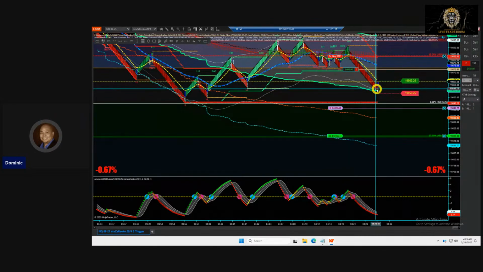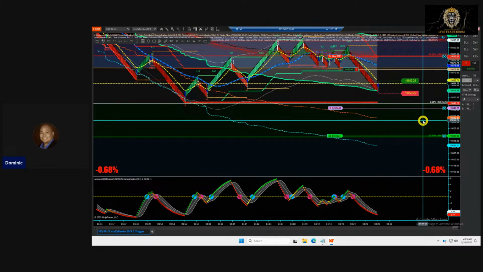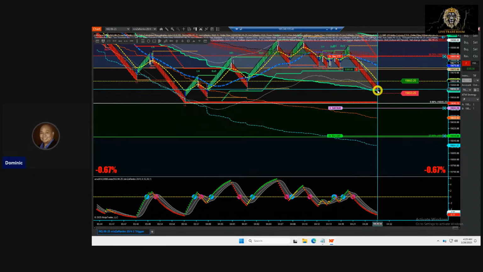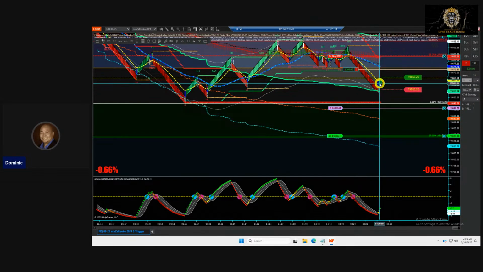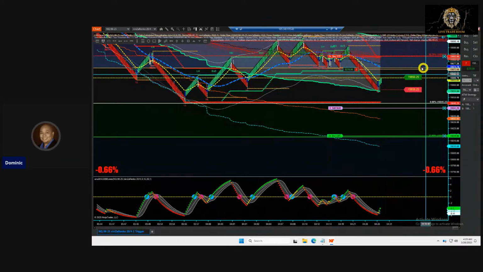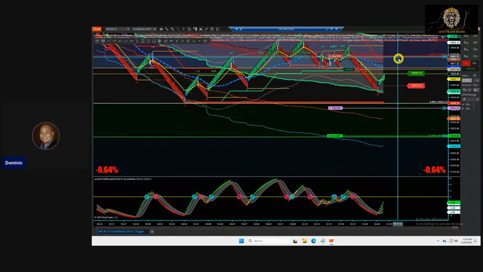So it's bouncing off this -2 deviation. That's basically the last resort before it starts coming down, and they're making a last chance effort to recover back up, which I think they're trying to do here.